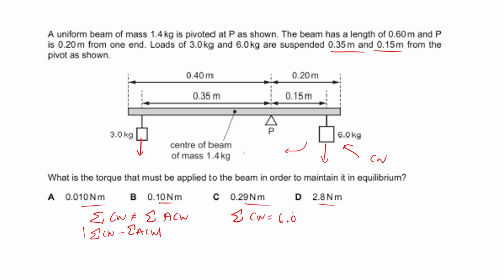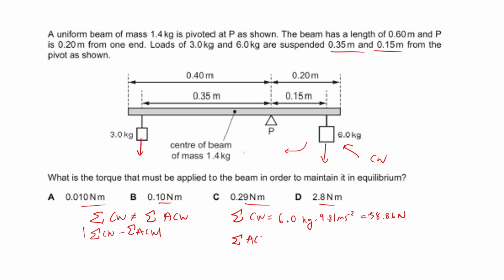So it's going to be 6.0 kg times 9.81 meters per second squared. Because this is a mass, we need to include the gravity to make sure that it's a force and we're dealing with the right units. And it turns out this is like 58.86 newtons.